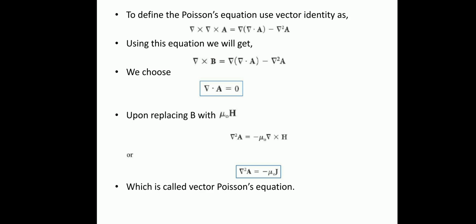The scalar part satisfies the Laplace equation and the vector part satisfies Poisson's equation. The scalar magnetic potential is represented as H is equal to minus del Vm, where Vm is the scalar magnetic potential, and the vector magnetic potential is defined as B is equal to del cross A, where A is the magnetic vector potential.